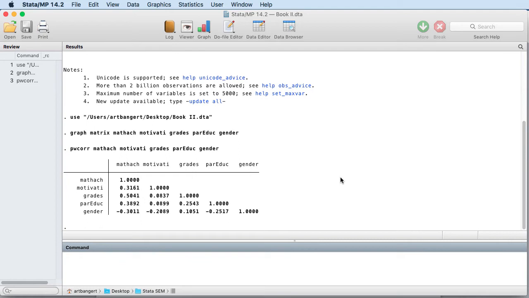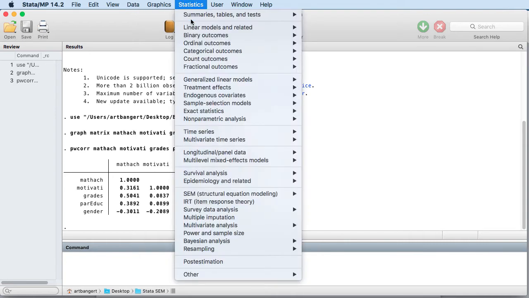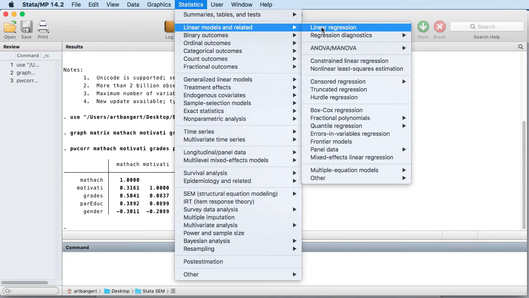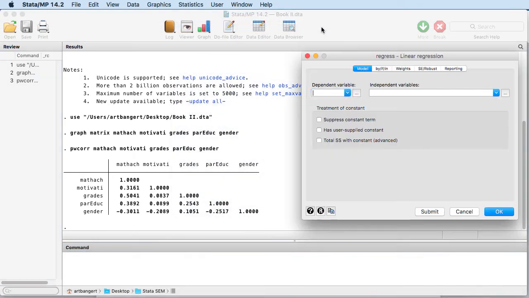So now we can see that there is at least some type of linear relationship between the dependent variable and the other variables, and we can go ahead and run the multiple regression analysis. We're going to go to Statistics, Linear models and related, Linear regression.